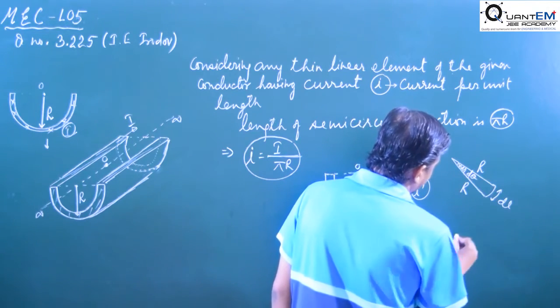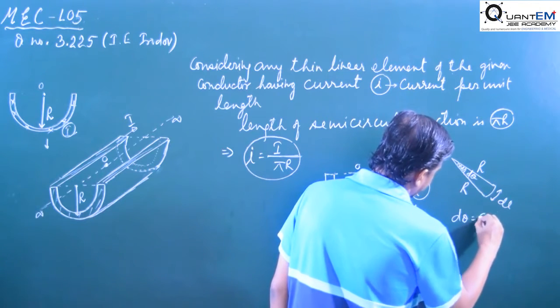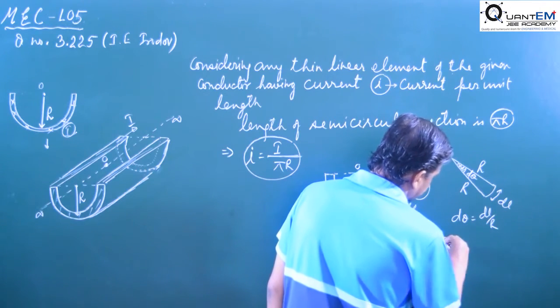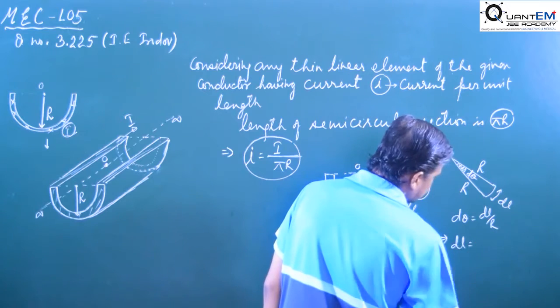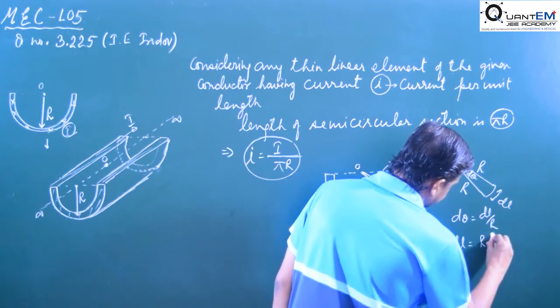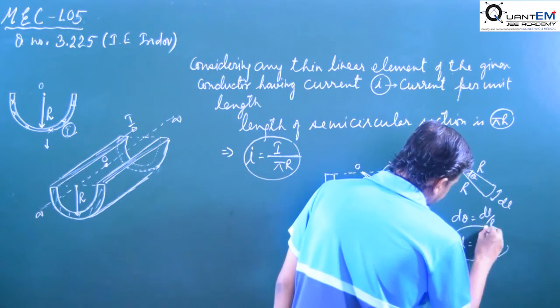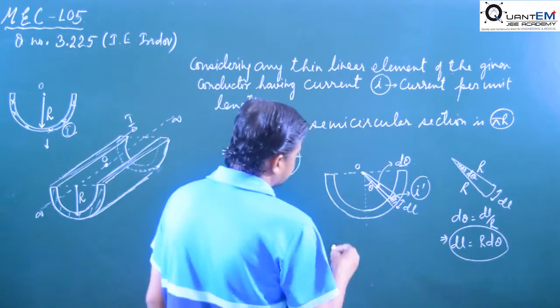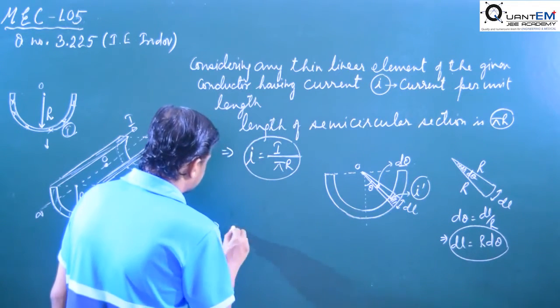Then what is the value of dl? d theta equals arc by radius, that is dl by r, and this way we get dl equal to r d theta.